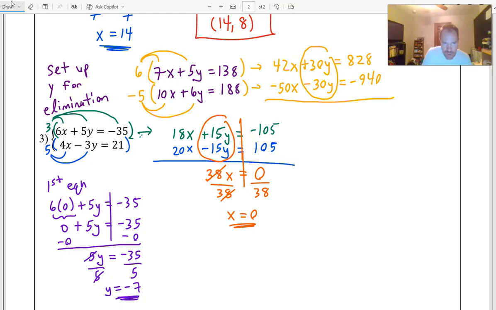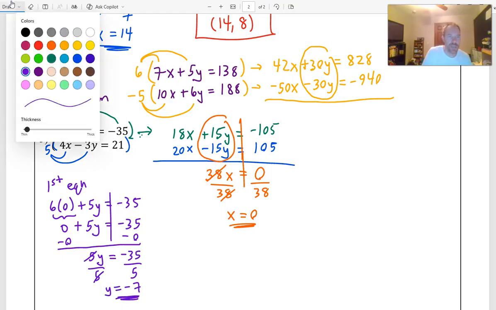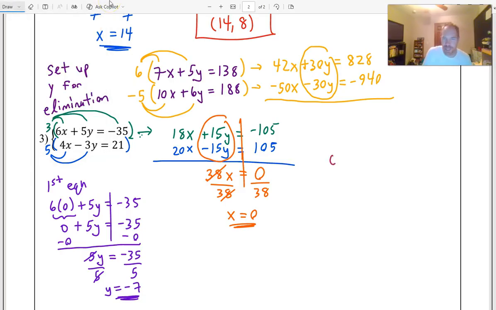So let's check though to be sure. Let's check the second equation, whichever equation you didn't use to get the second variable. 4 times the x value I think is 0, minus 3 times the y value I think is negative 7. And is that equal to positive 21?